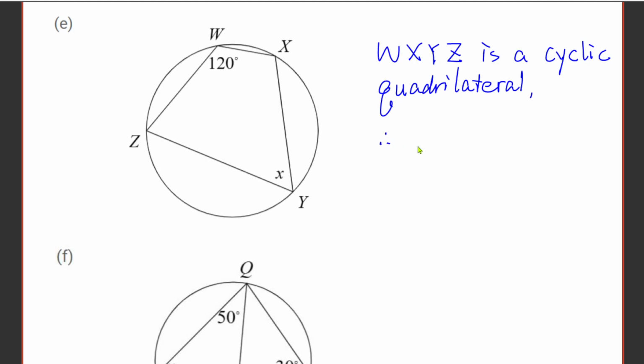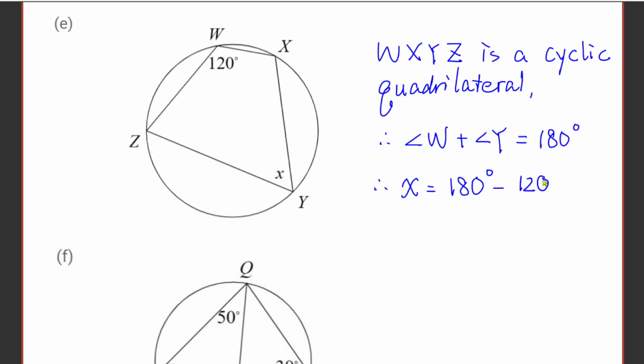Then we have angle W plus angle Y must equal 180 degrees, right? Therefore, we have X equals 180 degrees subtracted by the opposite 120. This gives us 60 degrees, right? Any questions?